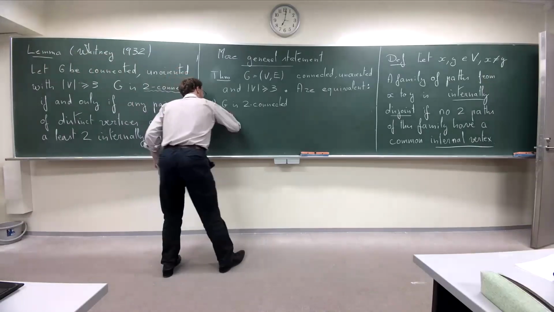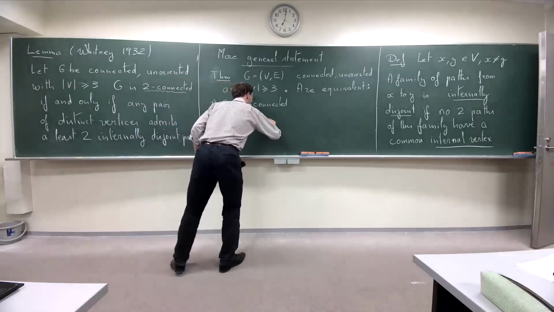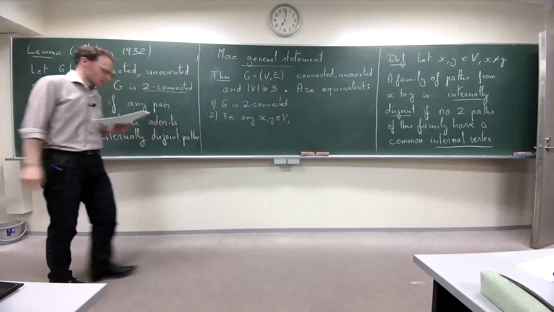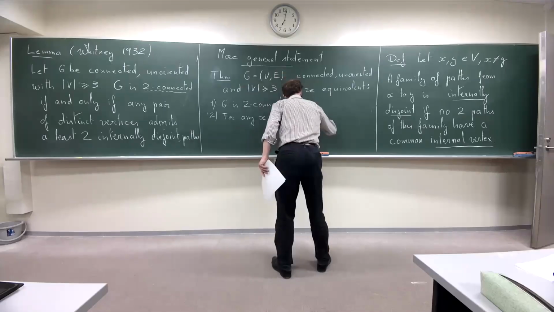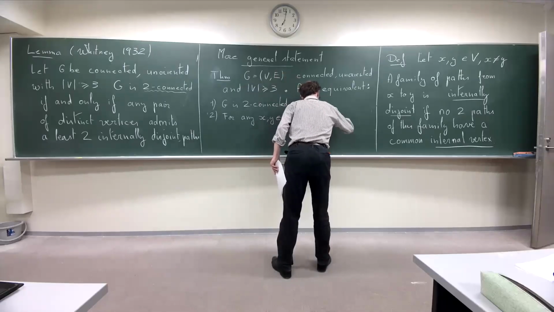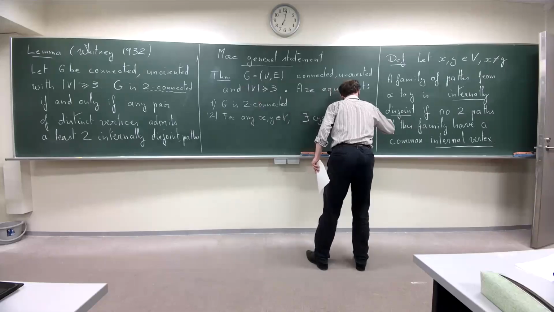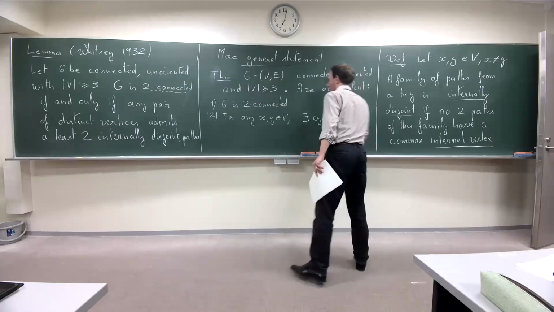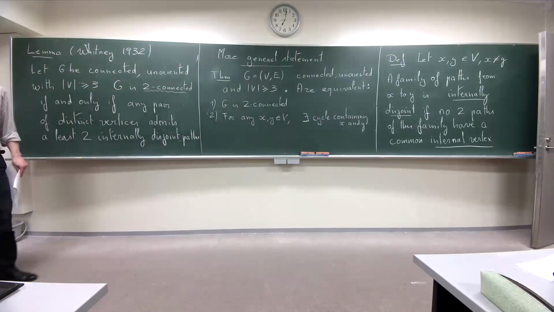The second one is, if you take any x, y inside V, x different from y, there exists a cycle containing x and y. Maybe we will do a picture after. Cycle, remember, is a path with the same initial point and end point.